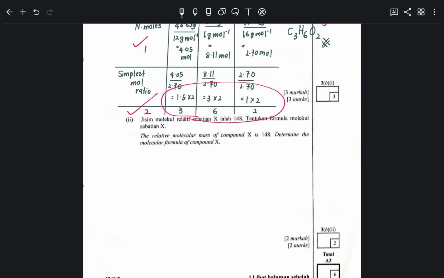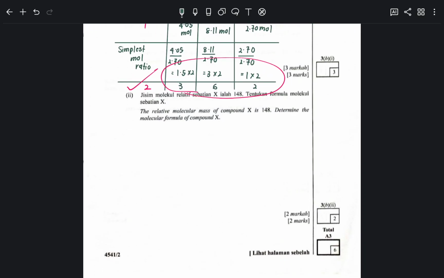Okay, then moving on to the last question. The relative molecular mass of compound X is 148. Determine the molecular formula. Okay, so do you know there is a relationship between the molecular formula and the empirical formula. Your empirical formula, put in brackets, and it equals the molecular formula.